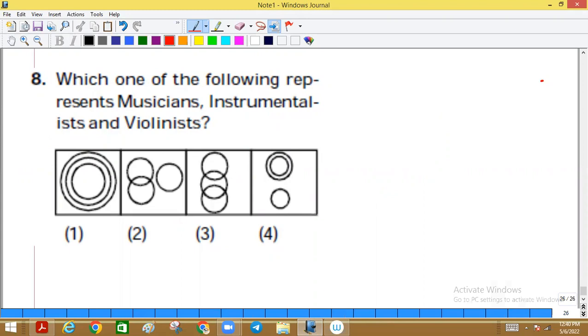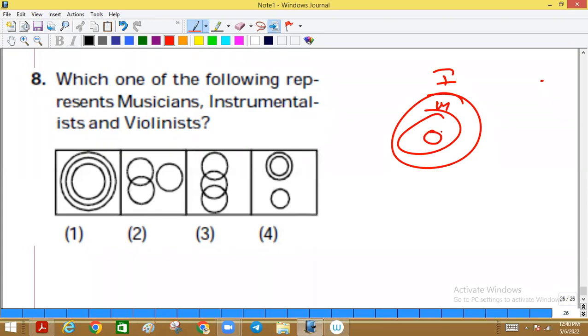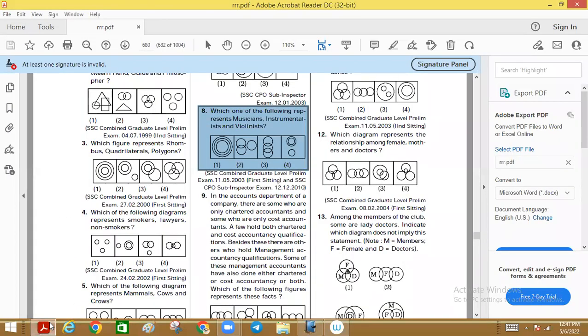Now, what is the relation between musicians and instrumentalists? Some, no, or all? All musicians are instrumentalists. So a musician means he will use an instrument only, no? So all instrumentalists, in this you are having musicians, so obviously you are having violinists also. So your answer is 1. Good.